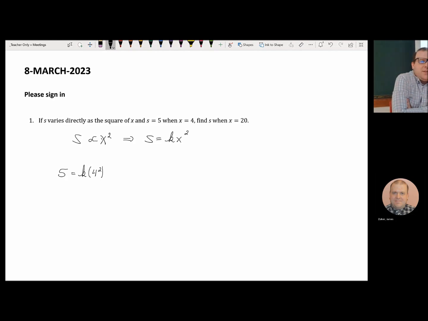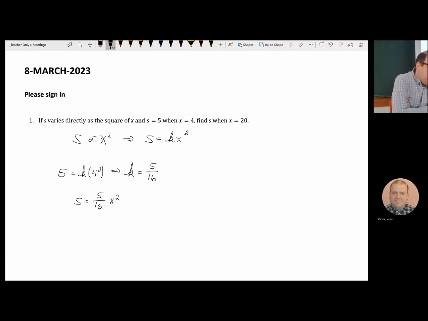This means that 5 is equal to K times 4 squared. This gives us a constant of proportionality equal to 5/16. So that is our relation: S is 5/16 of X squared.